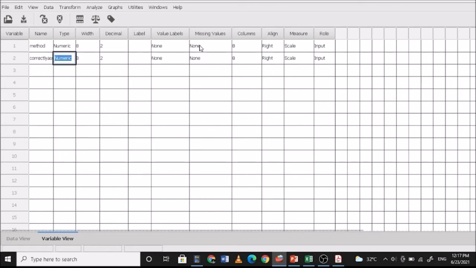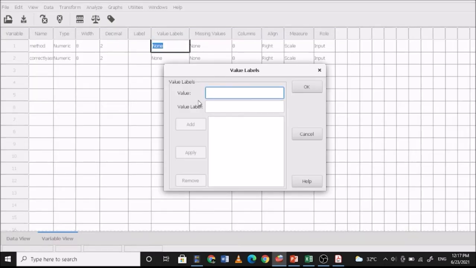Then for value labels, we have 1, method A, 2, method B, 3, method C.